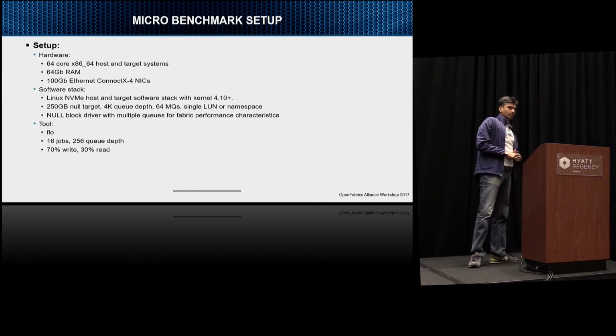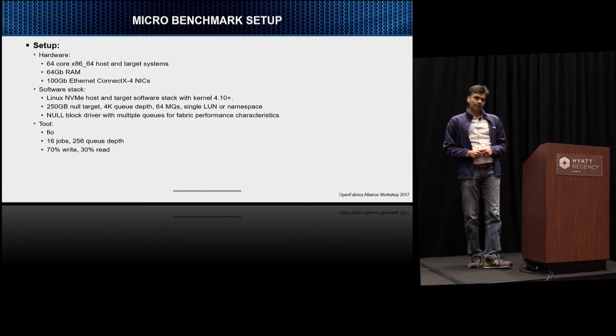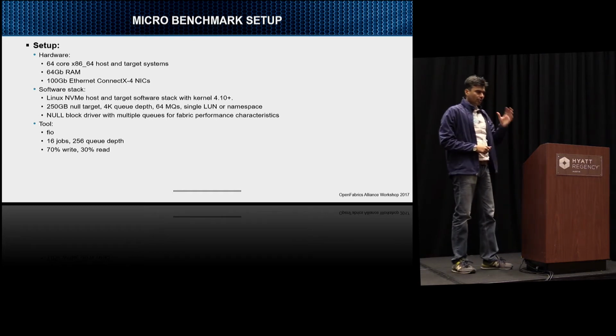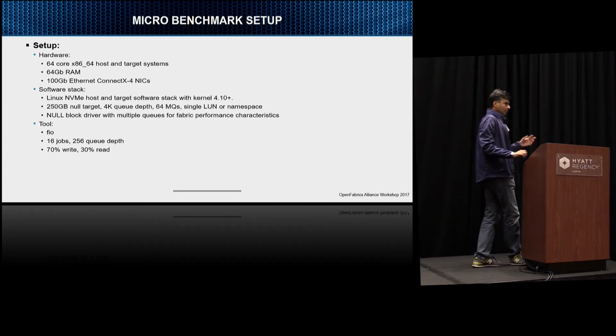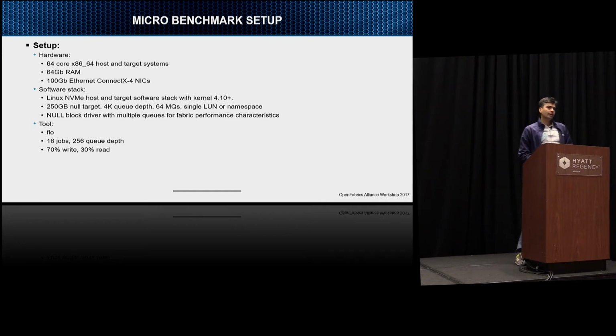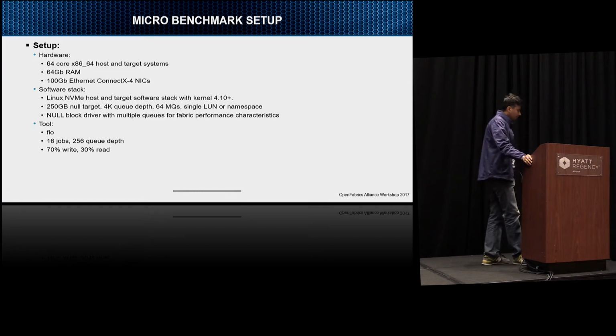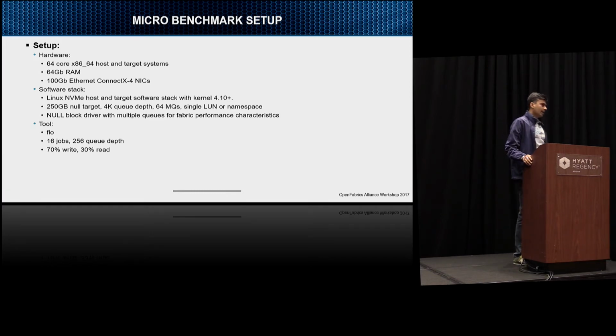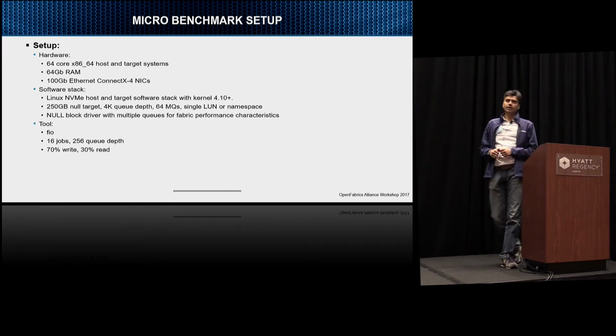So I'm going to talk over some of the micro benchmarks that we have done. Some are useful, some are more theoretical, but they highlight some of the critical points around the latency and the IOPS that it can deliver. This was the setup that we used: 100 GB ConnectX-4, 64 GB RAM, on both initiator and target side. And we used both a null driver as well as a real NVMe device.